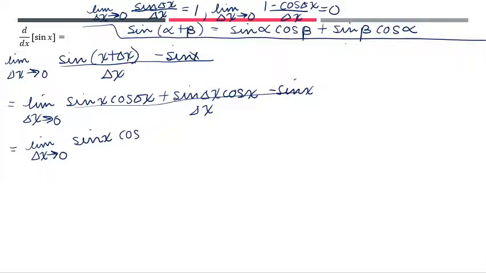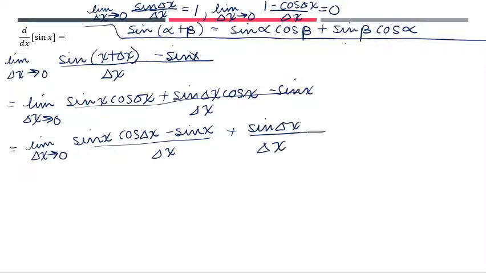So I can write this as the limit as delta x approaches 0 of sine x cosine delta x minus sine x over delta x, plus sine delta x over delta x times cosine x. Now, we have the limit as delta x approaches 0 of sine delta x over delta x. This just becomes 1. So my second part is already taken care of.